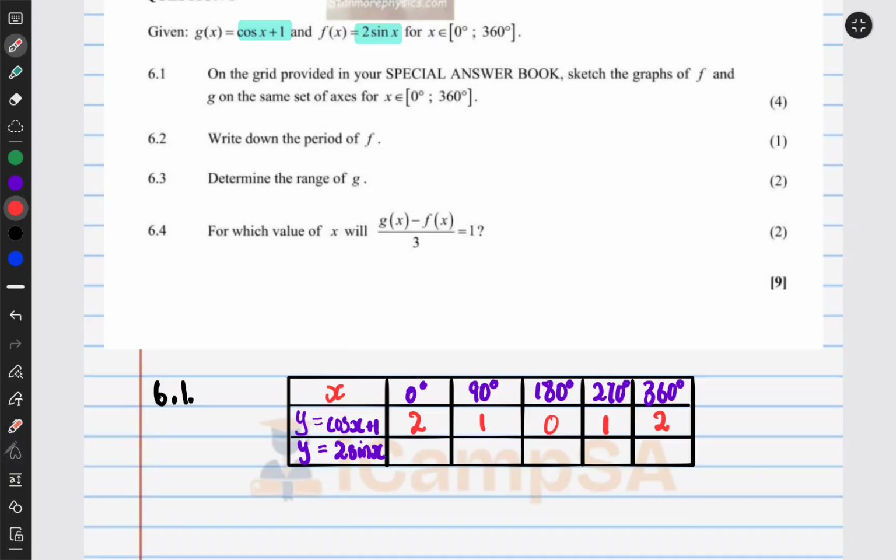Okay, and then let's find the corresponding y values for the function f of x.